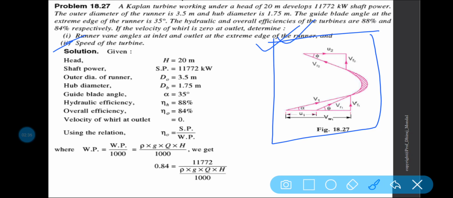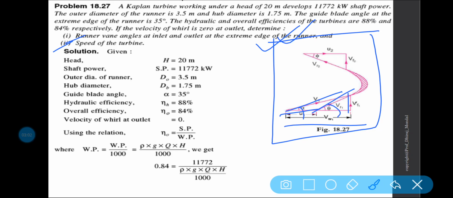Now let us discuss the back calculation. What do we need to know, where do we have to go, what is our destination? That is the important thing, because we can't proceed blindly. Here you can see this is your turbine at inlet: V1, VR1, Vf1. This one is your U1, this is your Vw1, this is your alpha, this is your theta.